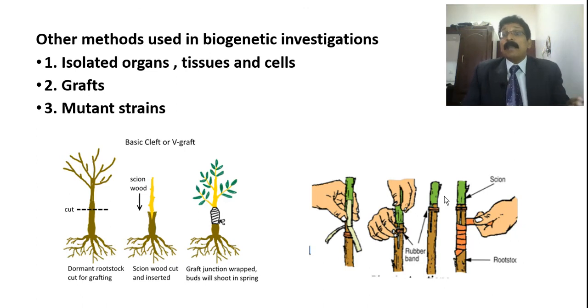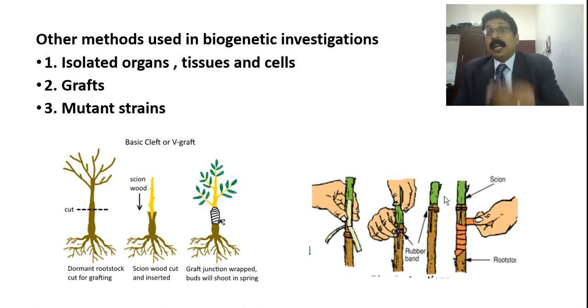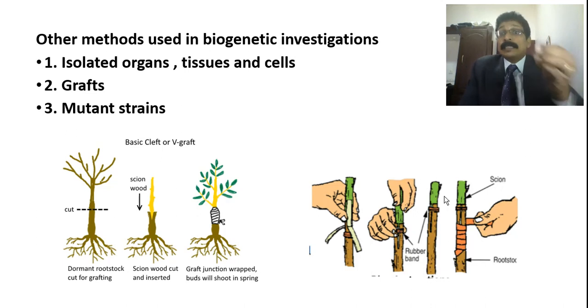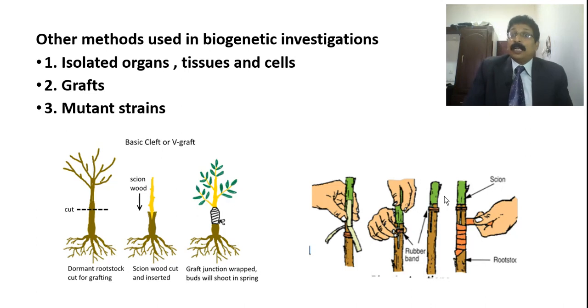And the same thing you can find out even in biosynthetic study. One can be grafted in another and we can find out what chemical constituent is produced by this plant to the other, and which plant is responsible for the exact production of the constituents can also be easily identified.